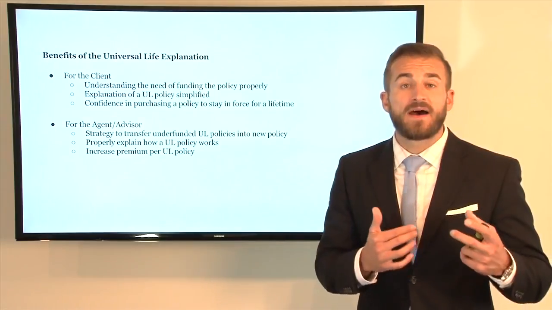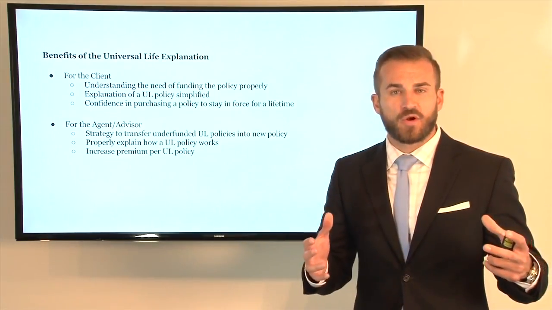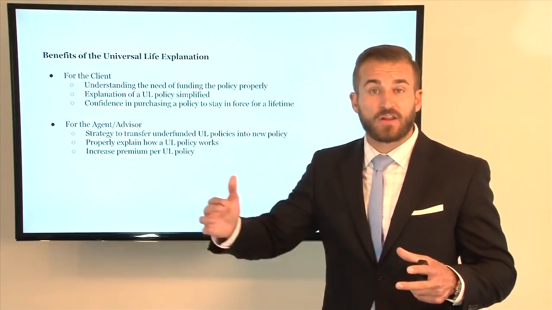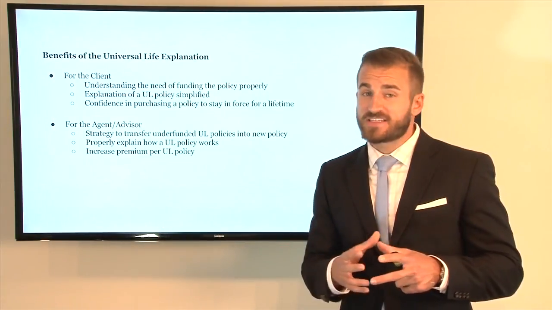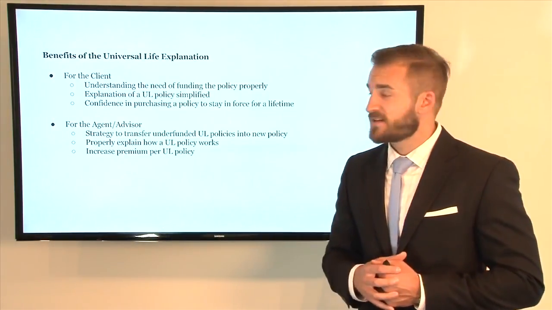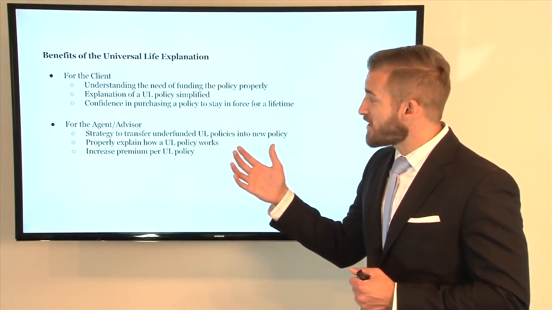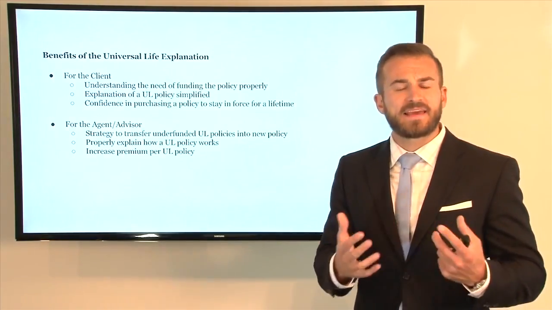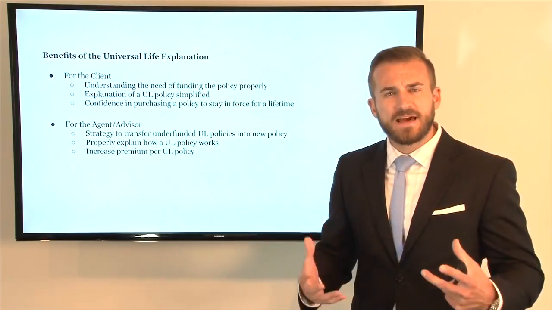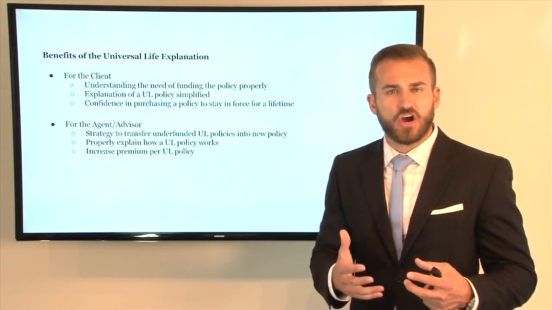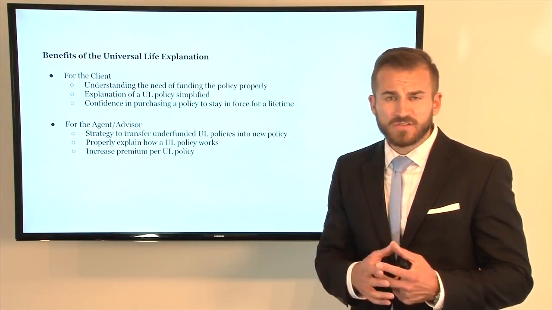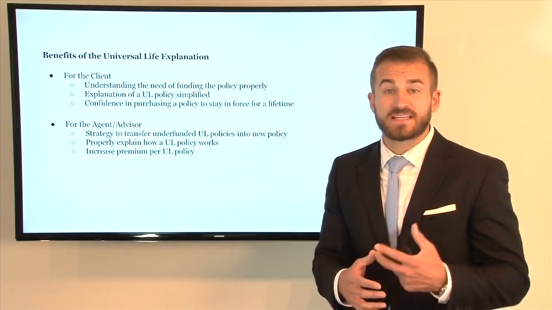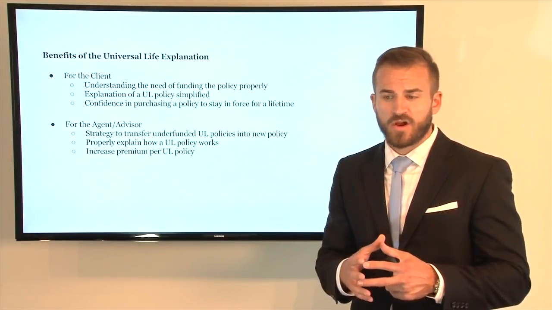So this is going to help them understand a little bit more as to why they should fund it for a longer period of time until there's enough cash value in the policy. It's a simplified explanation of a UL policy that they can actually understand, that makes sense to them, and empowers them to make a better decision on protecting their family, while also having this policy in force so they can use the cash value for whatever they want.